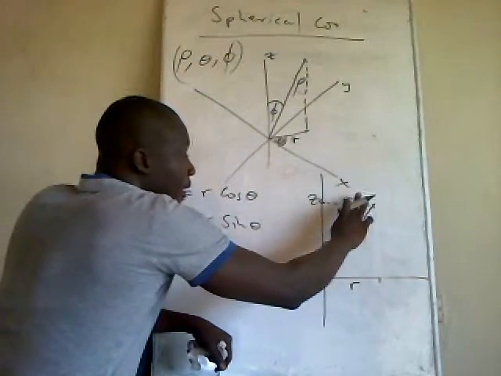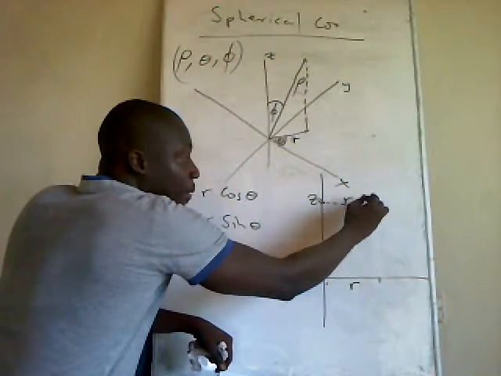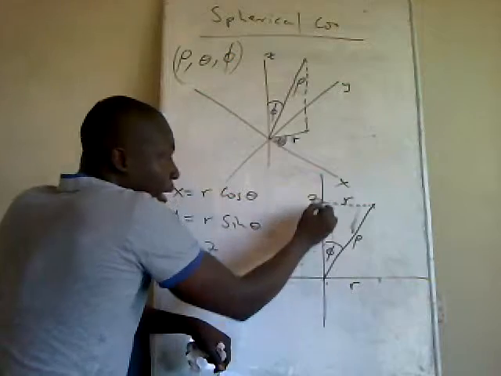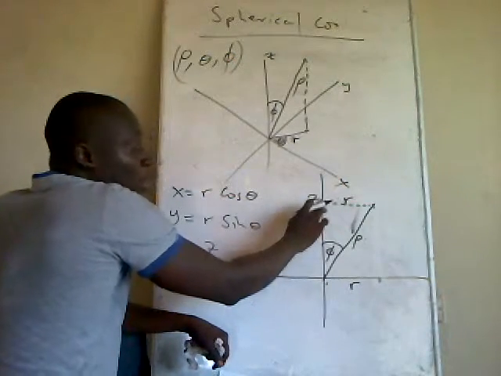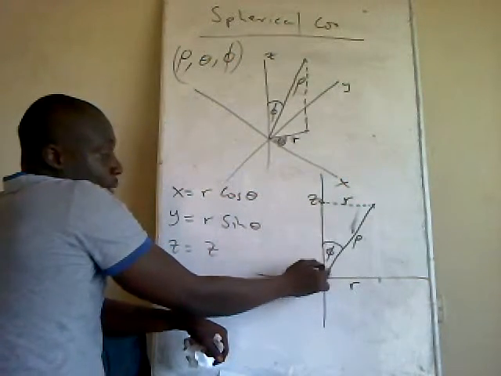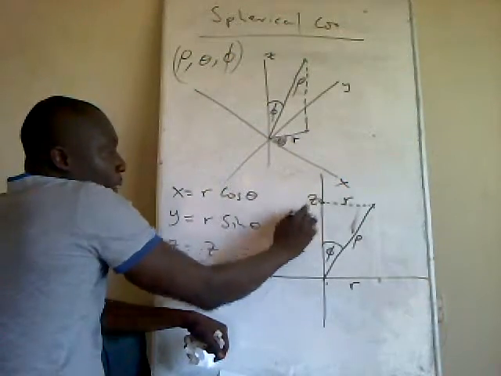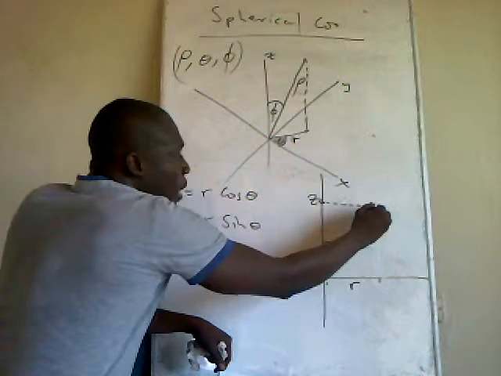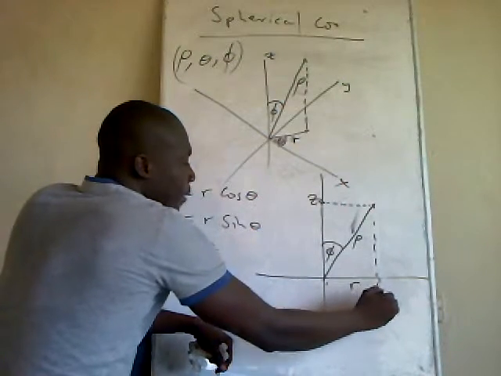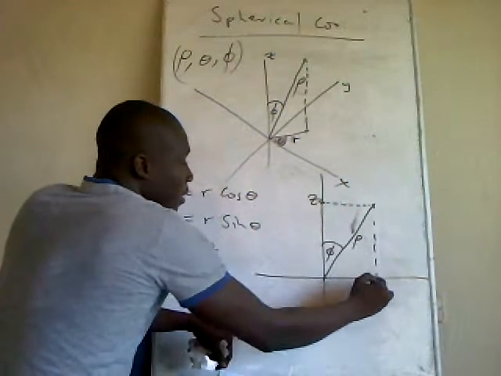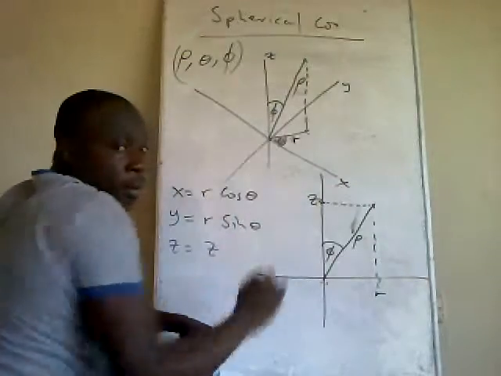Remember, it's the distance that is r. The distance from here to here, I don't know, let me call that one z. That is height. But r actually is our distance here. We should note that one is r.